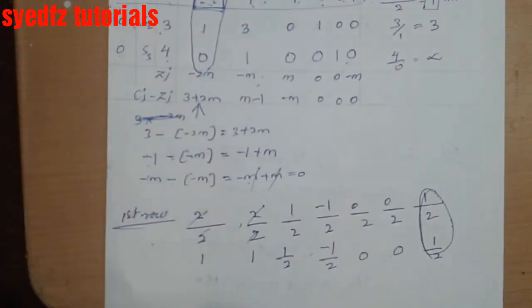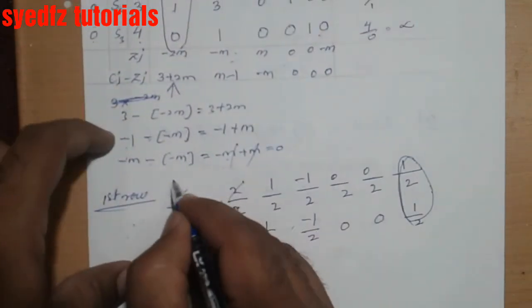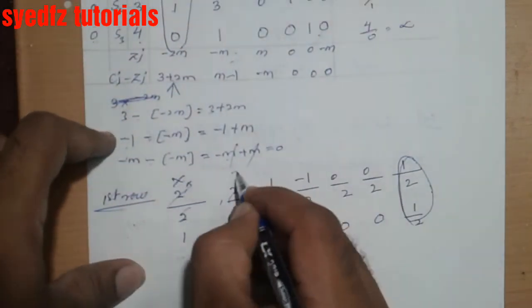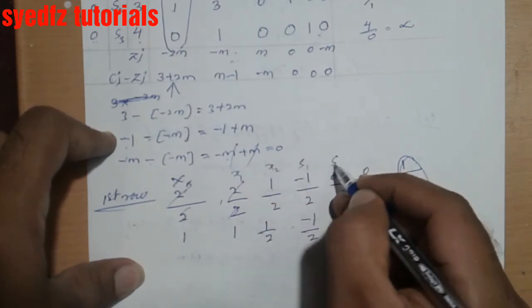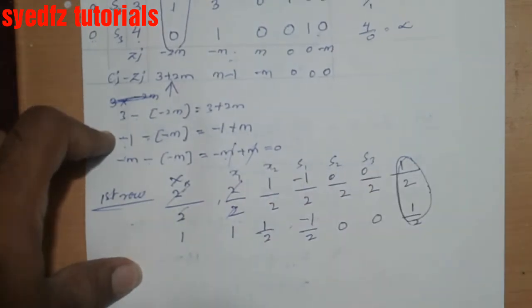So this is for xb, x1, x2, s1, s2 till s3 only.